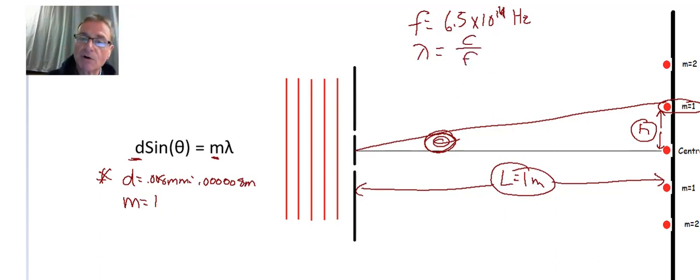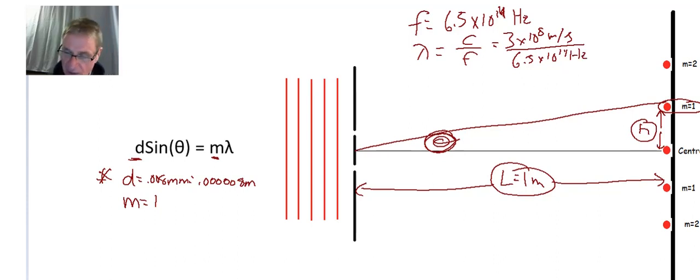So this would be 3 times 10 to the 8th meters per second divided by 6.5 times 10 to the 14th hertz. When we do that arithmetic, we get a wavelength equal to 462 nanometers, or 462 times 10 to the minus 9th meters.